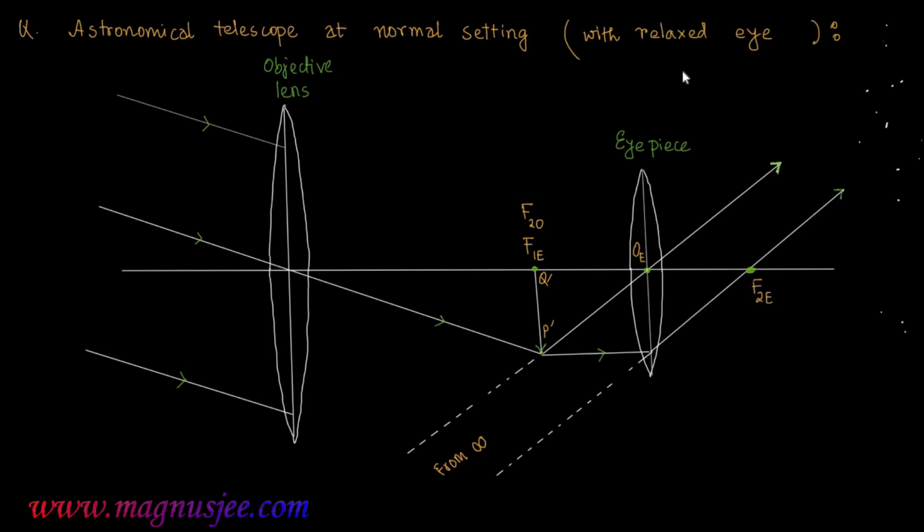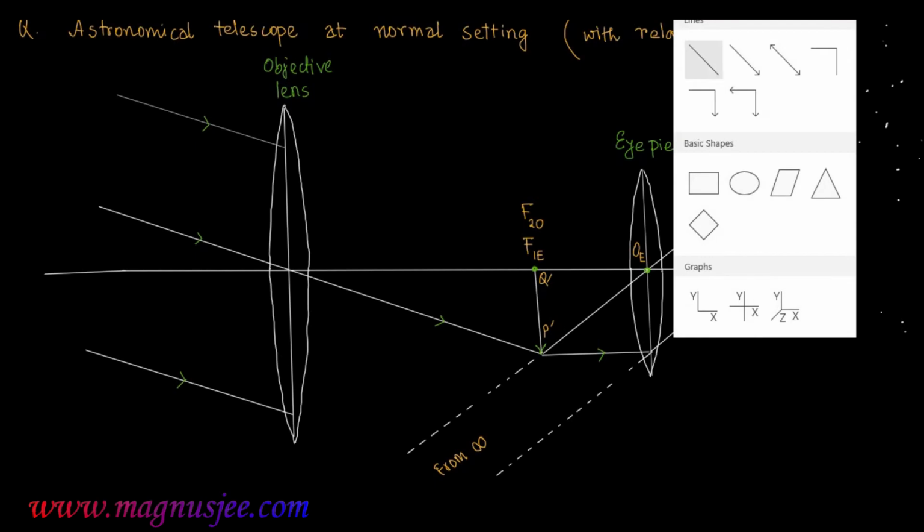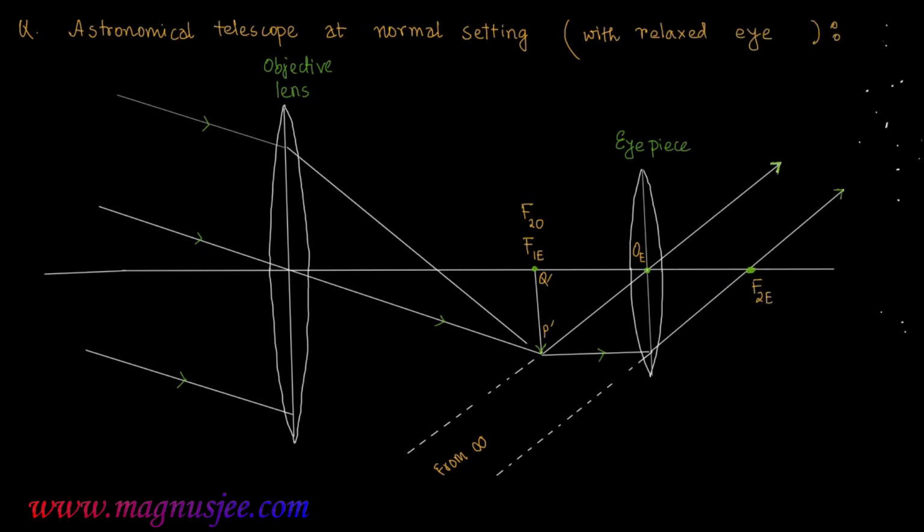Here we have shown three rays which are parallel to each other, coming from astronomical objects but not parallel to the principal axis. These parallel rays will converge to the point P prime Q prime after refraction through the objective lens.